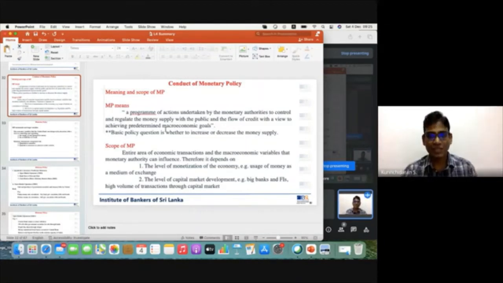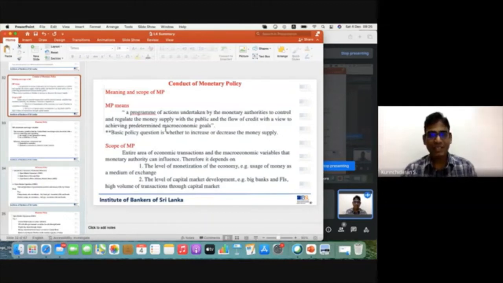The Central Bank of Sri Lanka always assesses the market price level and considers whether it is high or low. Based on that, it decides what changes to make in the money supply. Every month there is a monetary policy meeting, with researchers and everything, and they decide what to do. So this is the conduct of monetary policy.